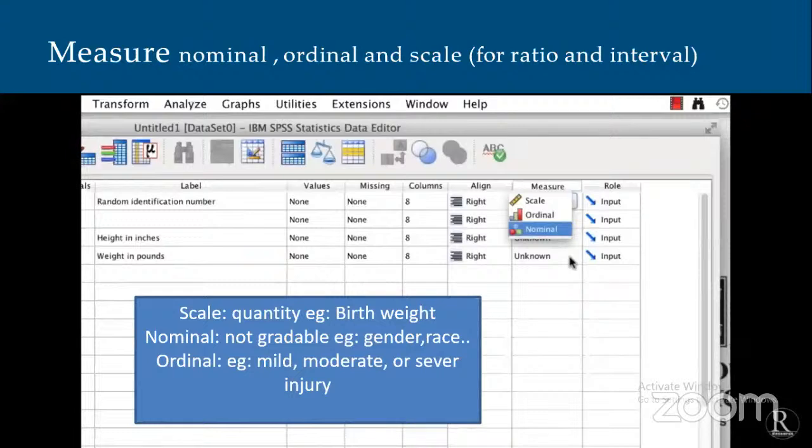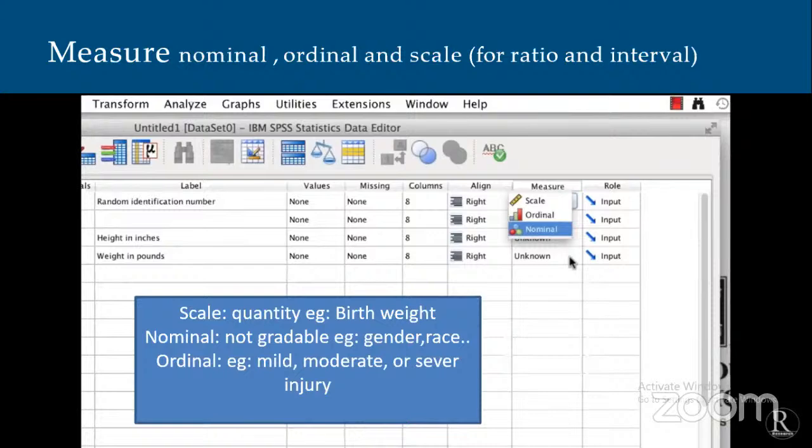We have other important features of properties like measurement. For each variable, we have to choose from 3 different measurement types, either scale, ordinal, or nominal. Scale for quantities like weight, where we add numbers, so it will be scale.